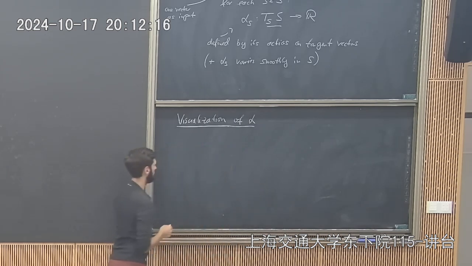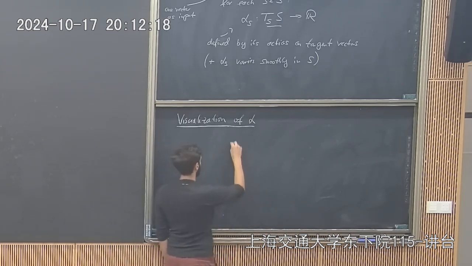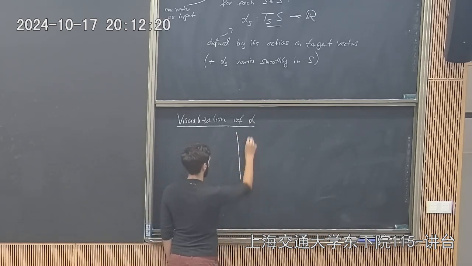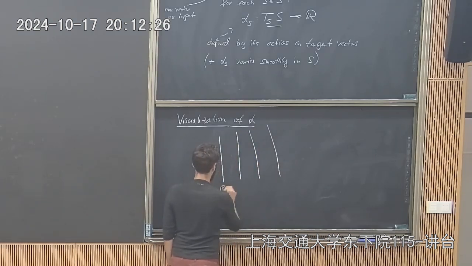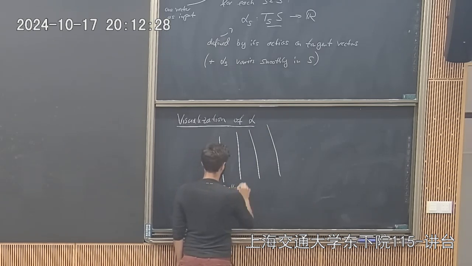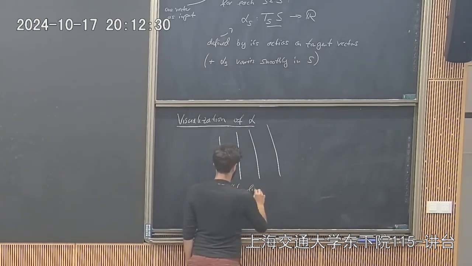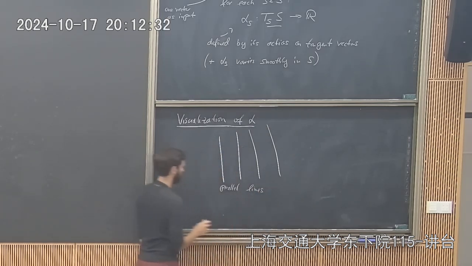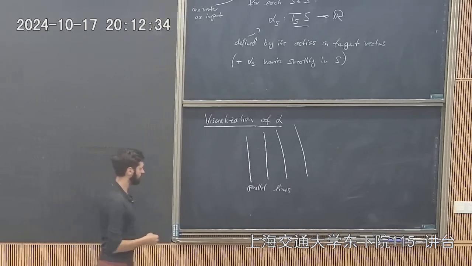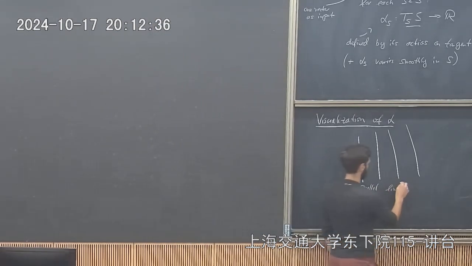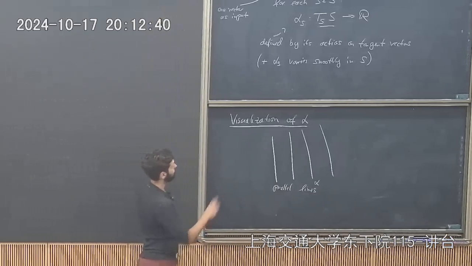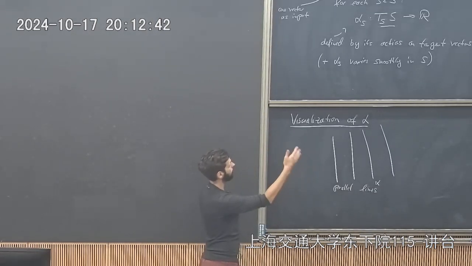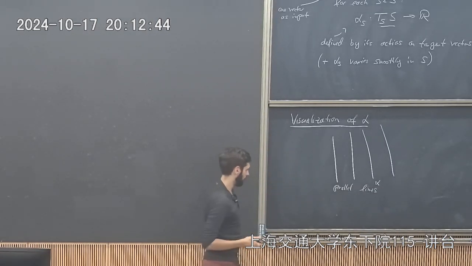The idea here is that you represent it as parallel lines. So these are just parallel lines. So that's your alpha. And now we have to say what it means. We have to say what alpha_s evaluated on the tangent vector is.